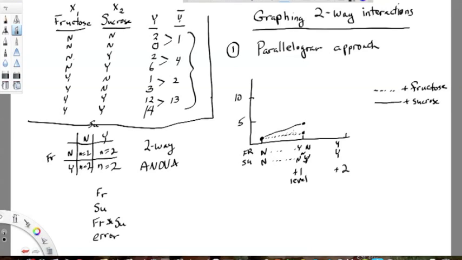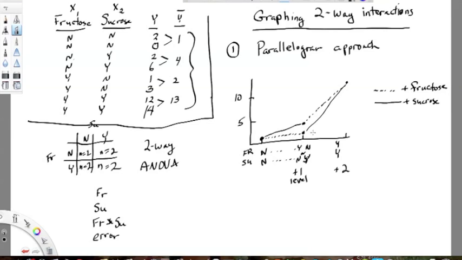Okay, so this takes care of plotting 3 of our 4 means. So our last mean is where we have both yes fructose and yes sucrose. In other words, 2 sugars being added. And this is interesting because we can now draw a solid line here, and we can draw a dotted line here.